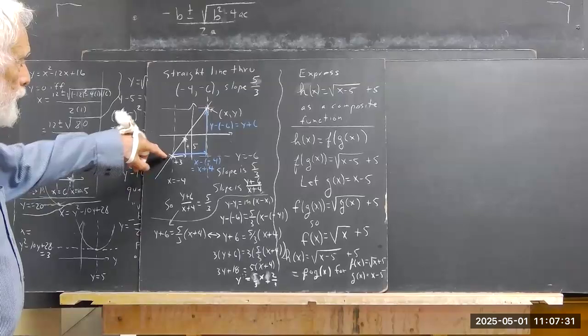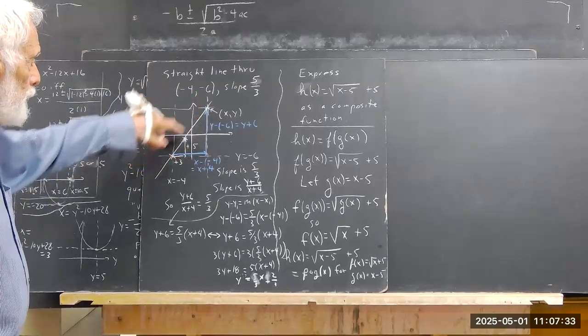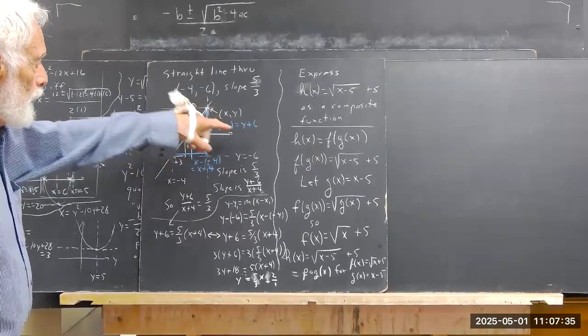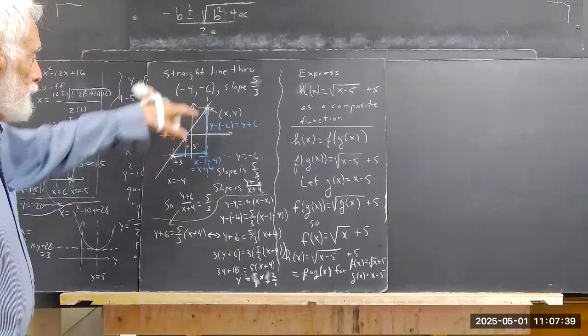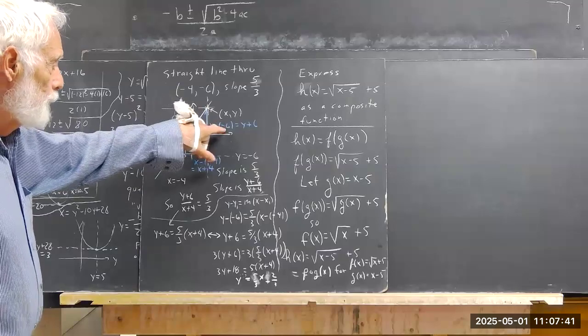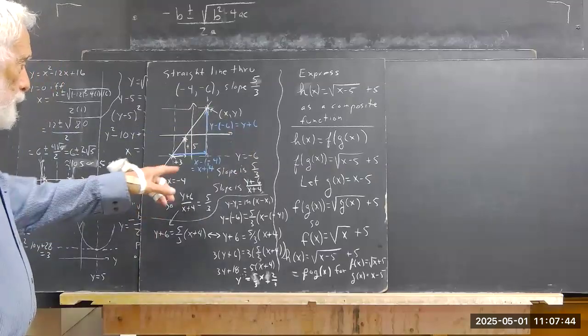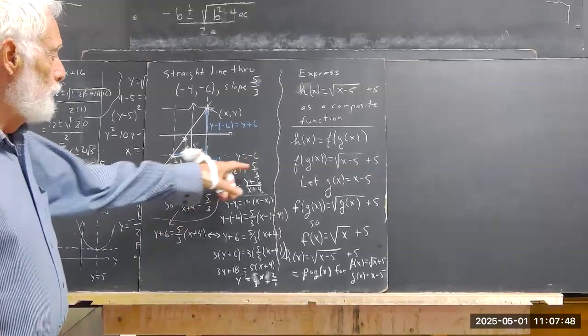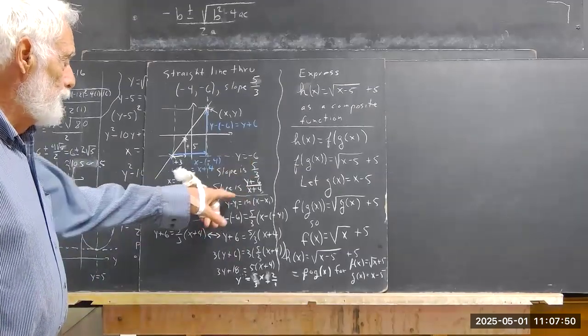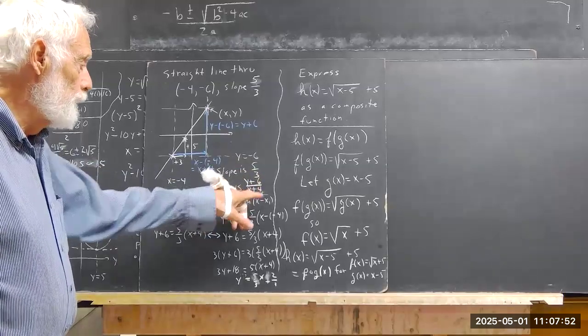Then the rise from here to here is y minus -6. We're going from -6 up to y. Similarly, the run is x plus 4. So we can say the slope is 5/3. We can also say the slope is y plus 6 over x plus 4.